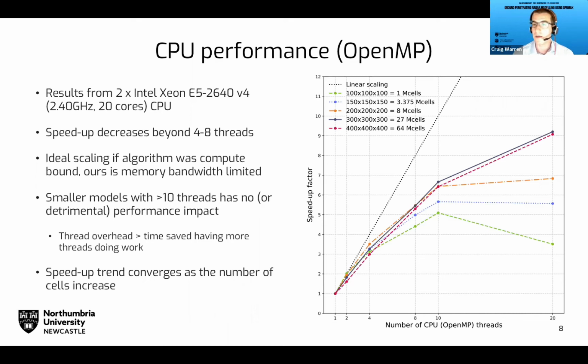But you can see for the 300 and 400 cube models that the performance is pretty much starting to converge. So that's the best we can do on the CPU side with a fairly decent workstation.